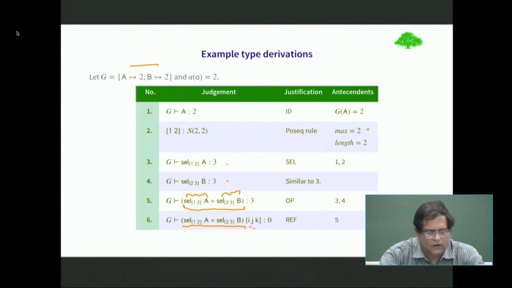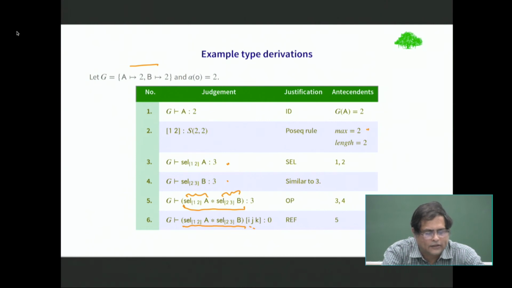Okay, so if you work your way through the type system, you end up at this point where the dimension of select 1 2 a is 3. And how did we get that? Well, if you look at the dimension environment G, a has a dimension of 2. And if you look at the selector 1 2, its maximum value is 2, its length is 2.